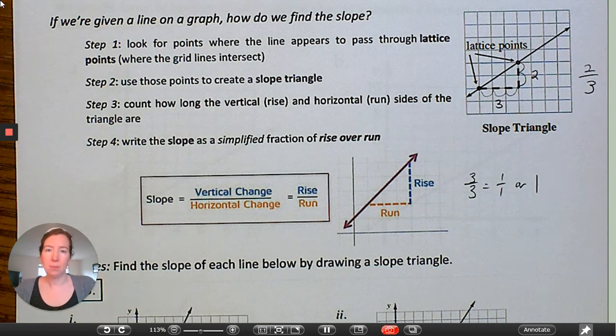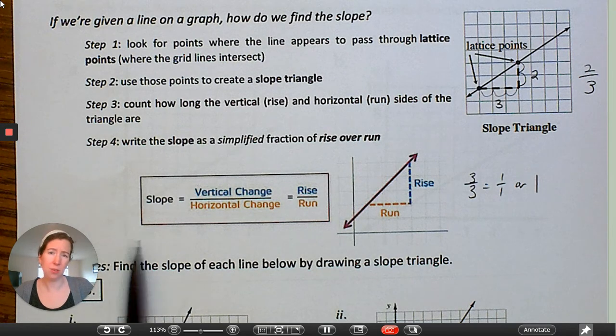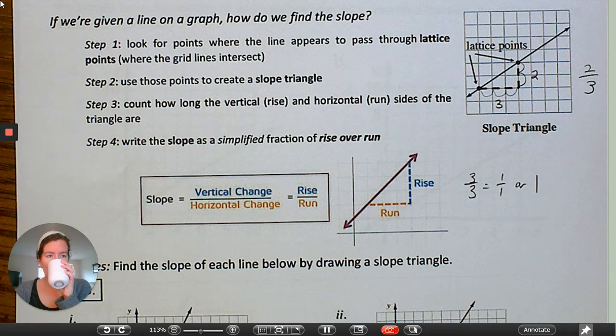Now, I did have somebody after the last lesson ask, why do we write it as a fraction? And why don't we do it as a decimal, right? Decimals are easier to compare. Because by writing it as a fraction, we can visually see how high we have to go up versus how far we have to go over to get from one point to the other.